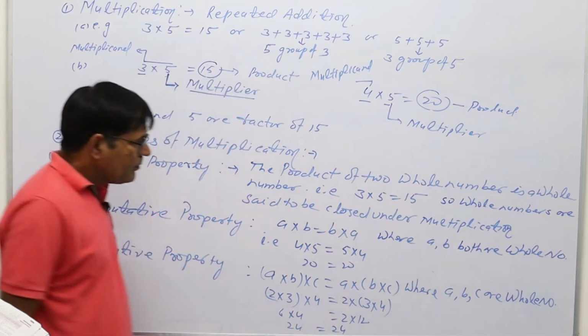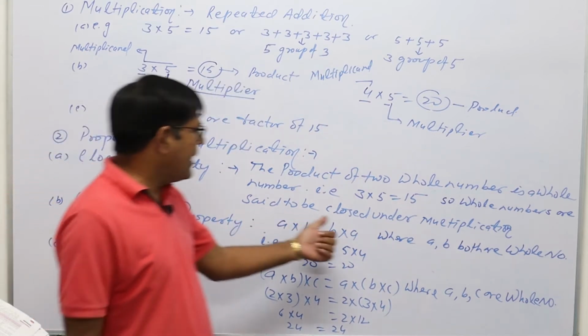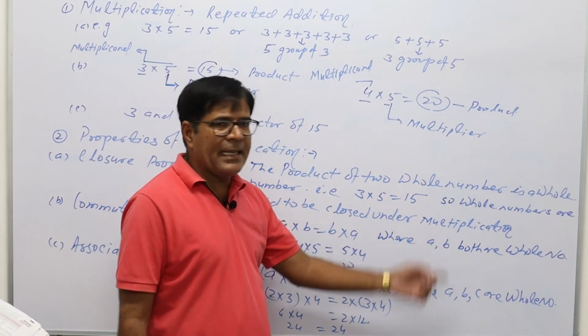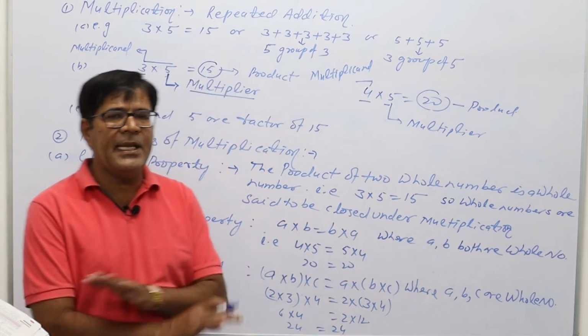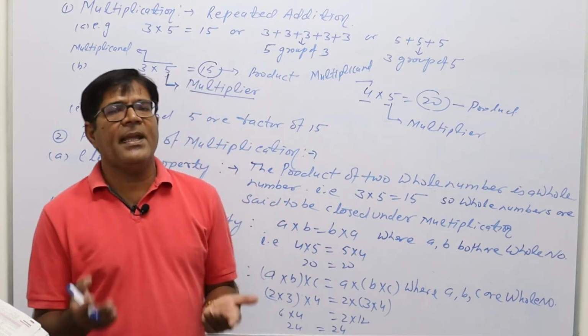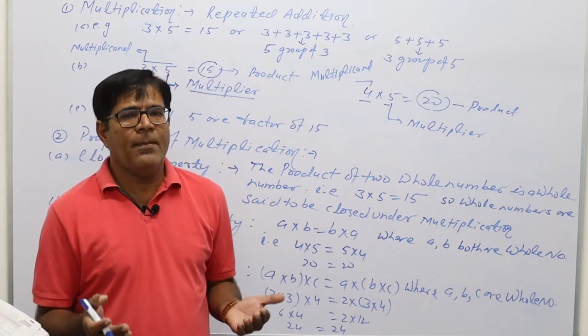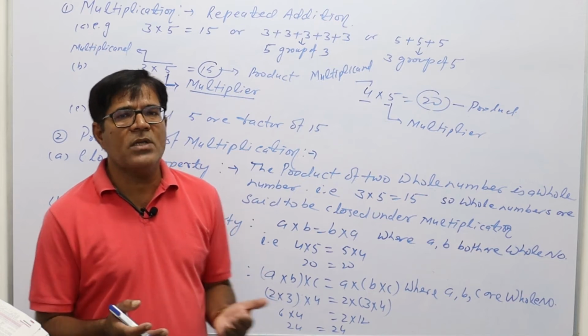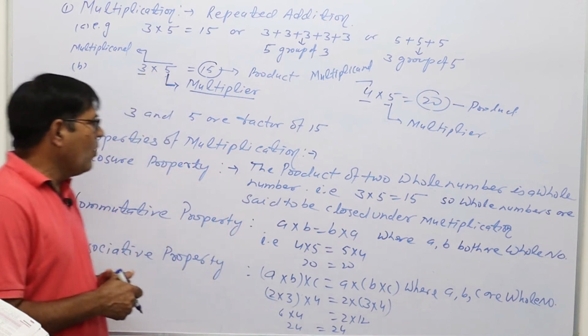So whole numbers are said to be closed under multiplication. That is, if any two whole numbers are multiplied by each other, then their product will also be a whole number.